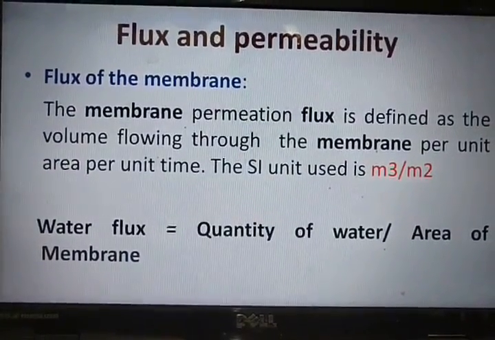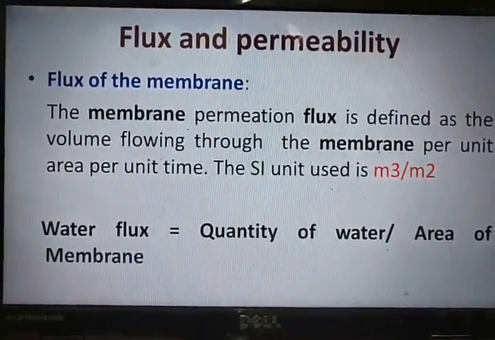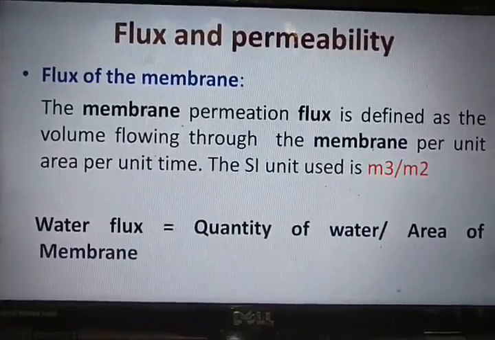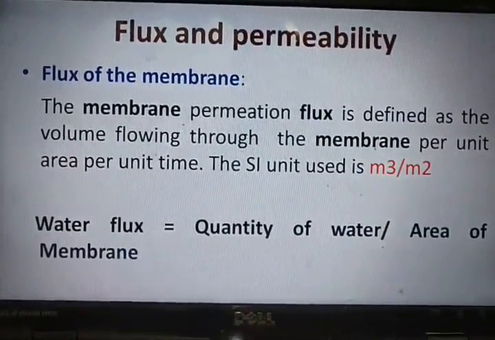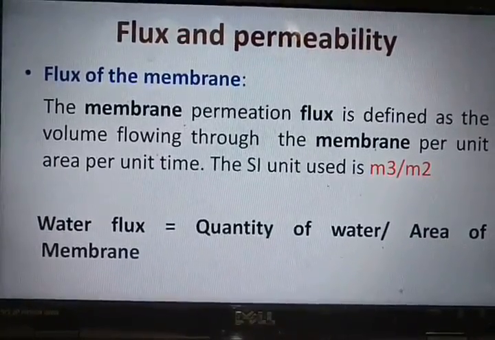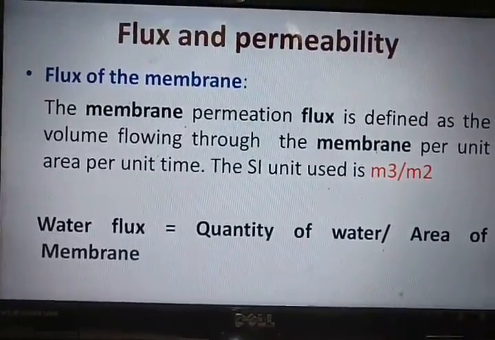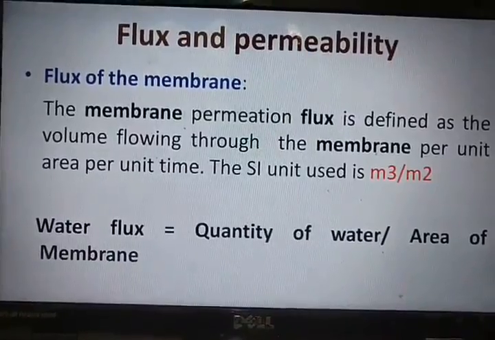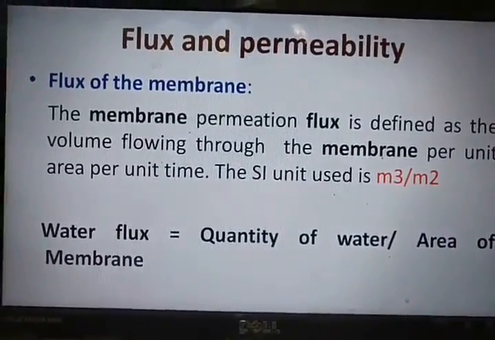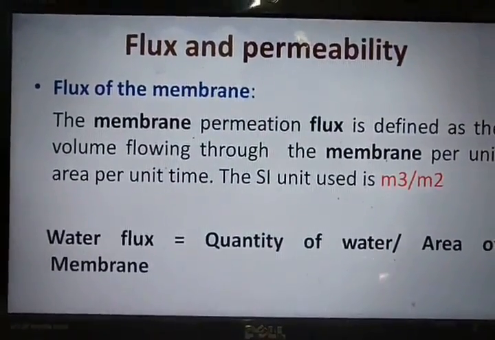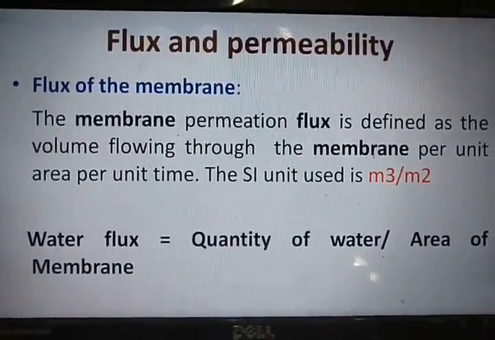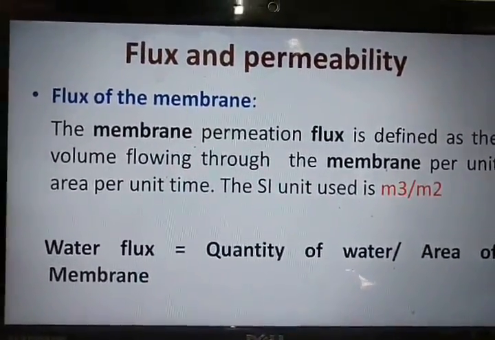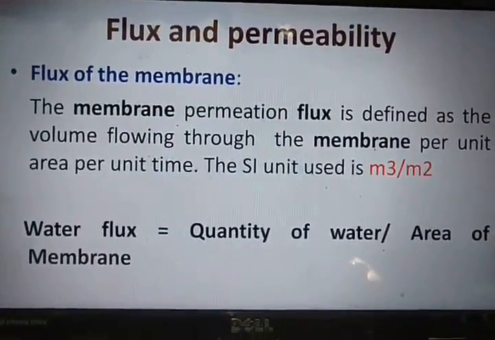Flux of the membrane is defined as the volume of water flowing through the membrane per unit area per unit time. That is, if you have a membrane of 1 meter square area, then how much water will flow across that membrane per unit time, we call that term the flux of the membrane.